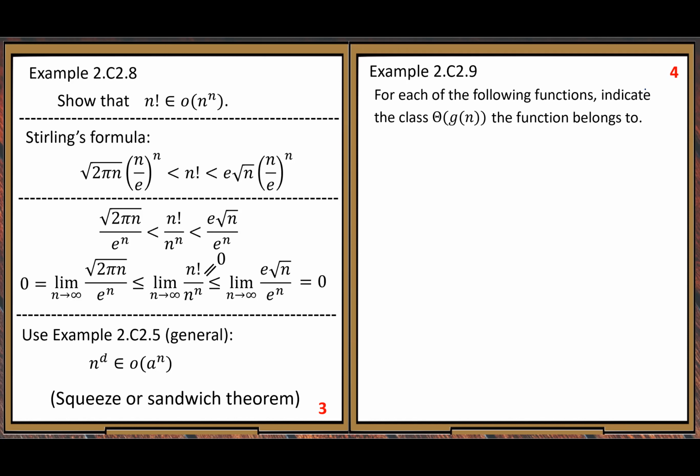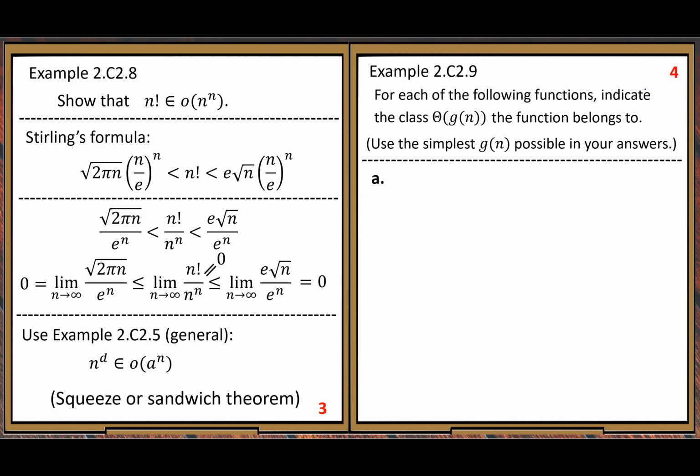It's not multiple choice, although there are many options, but we need to work one by one: A, B, C, D, E. For each function F, we want to get the simplest G function, find the G of n, and put this function F in the big theta of G. That's the requirement we need to do.